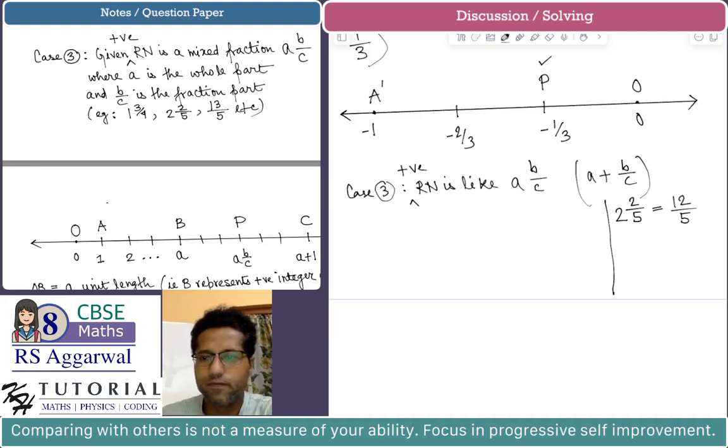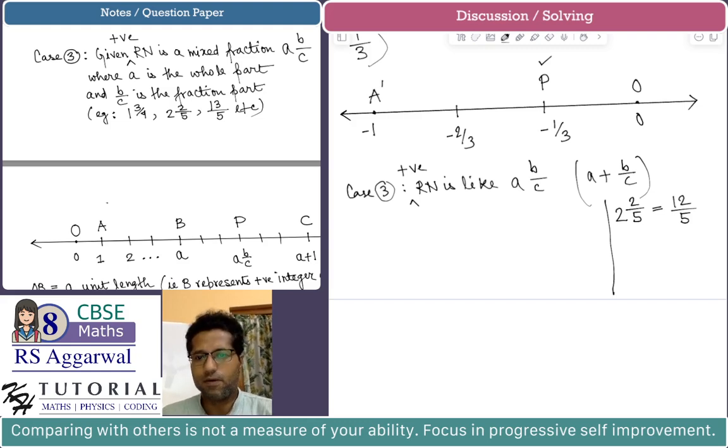An improper fraction is a fraction where the numerator is greater than the denominator. Here 12 is greater than 5. So if you are given an improper fraction, you have to first convert it to a mixed fraction. That is, if you are given 12 by 5, you have to convert it to the mixed fraction 2 and 2 by 5. We will discuss how we will represent 2 and 2 by 5 on the number line or real line.